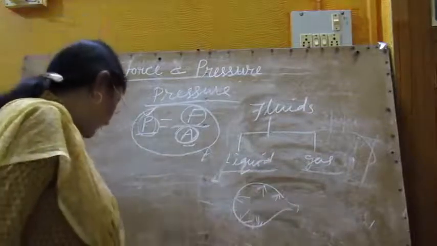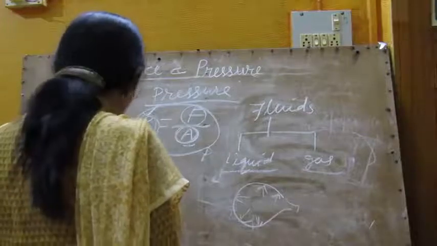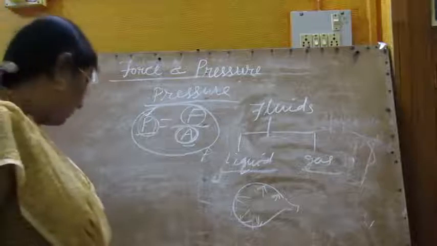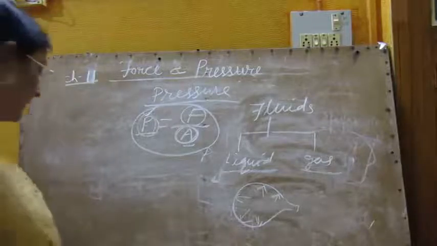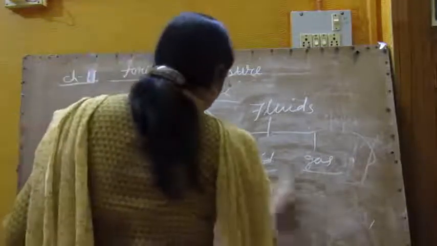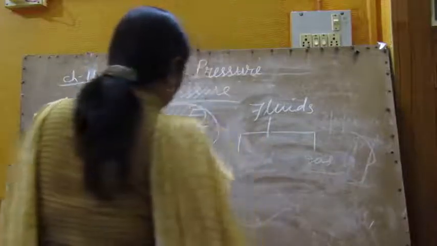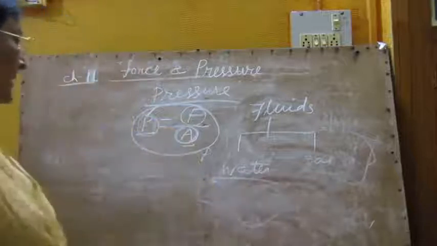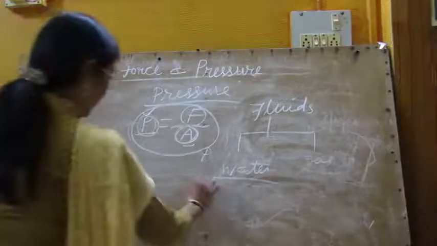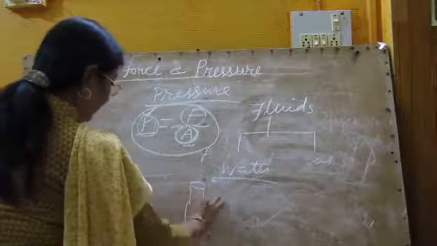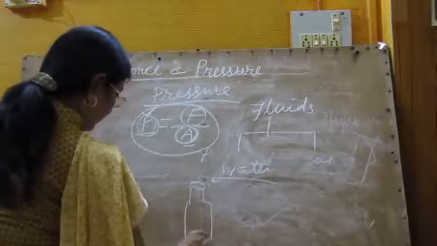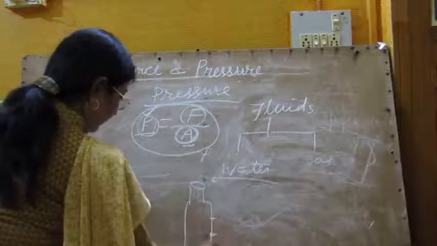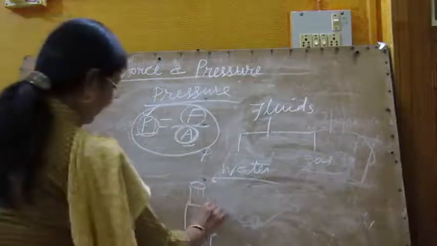Now next I am coming to the pressure exerted by a liquid. Pressure is exerted at the bottom of the container. If you take water, you can do an experiment: take a bottle, a Bisleri bottle, any bottle, and make 3 holes, and pour water up to here.